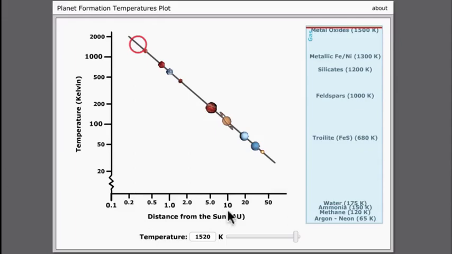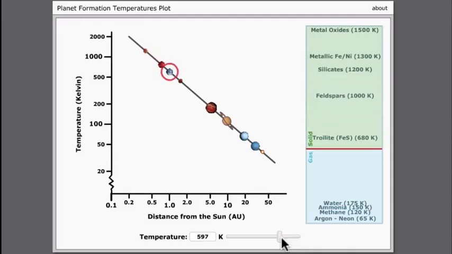On the other hand, as one moves farther out, the temperature decreases. And what we see is that as the temperature decreases, some materials over here on the right transition from gas to solid. Notice there are no liquids. Metal oxides and metallic iron, for example, are solid at temperatures below 1300 degrees, and so that is the temperature that obtains near the current position of Mercury.